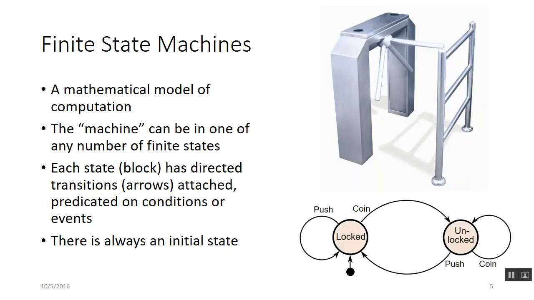And then there are transitions, so if you're in the locked state and you put a coin in, then the turnstile goes into the unlocked state, and it stays there, and if you put another coin in, it stays in the unlocked state, right? But as soon as you push through it once, it becomes locked again. And if you try to push through it again, it stays locked. So it's a really compact, efficient way, and people have been using state transition charts like this for a long time.